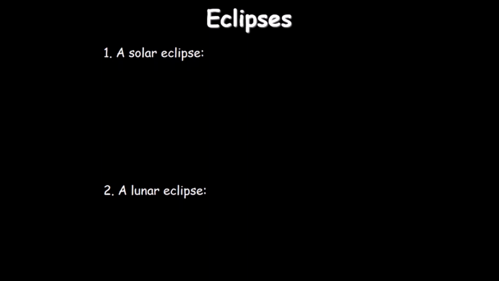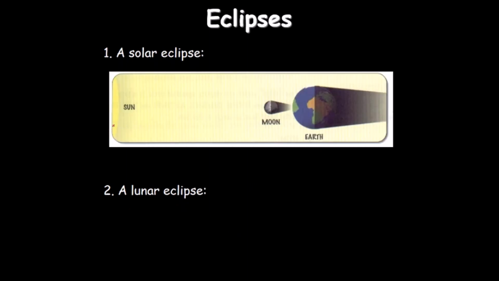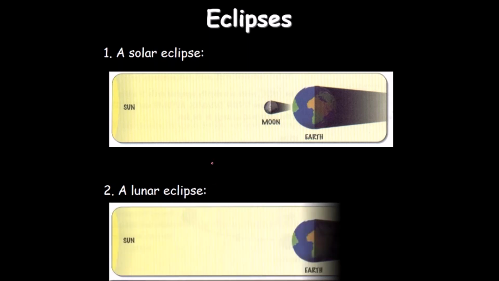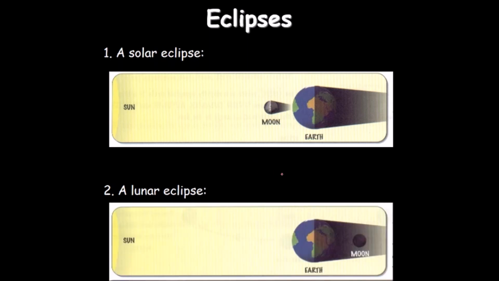So I won't be going over the eclipses in detail, but the final thing that I'm going to touch on is the influence of the sun, moon, and earth, and how the order plays a role in the types of eclipses we get. So the 2 eclipses we get are the solar eclipse and the lunar eclipse. And Mr. Chung will walk you through the eclipses, but just have a look at how it's rearranged.